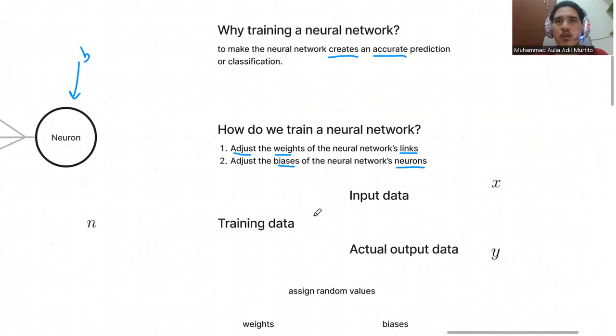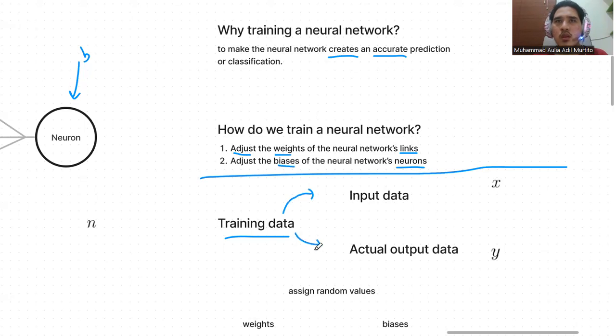Now, about training. In order to adjust the weights and biases, we need a lot of training data. A training data consists of two kinds of data, which are input data and actual output data.